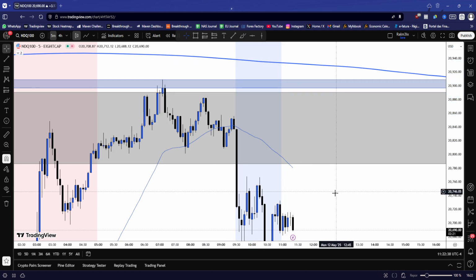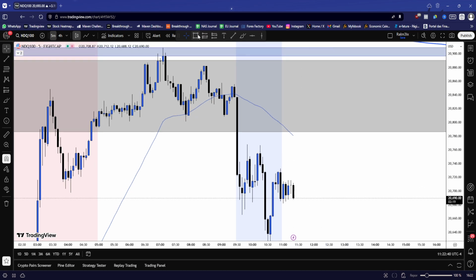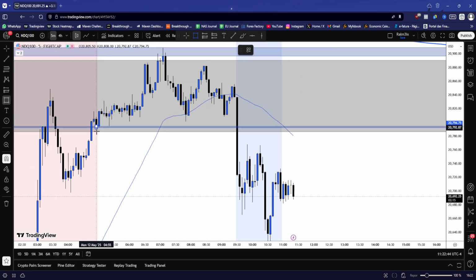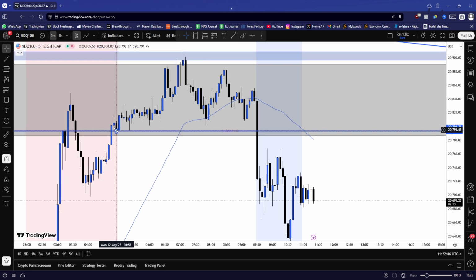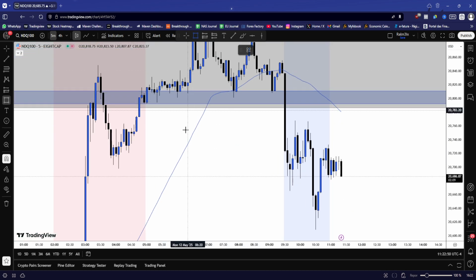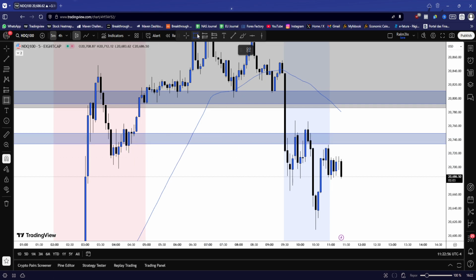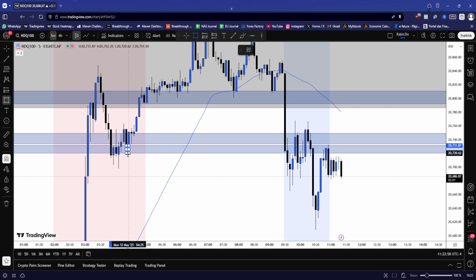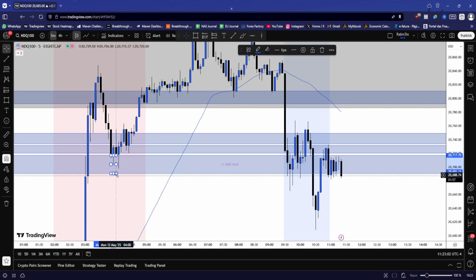But what price did instead of that was, I had here my support, okay? And the next zone was, I had multiple zones to look for sales. I had this one too, and I had this one too, and I had this one too, okay?